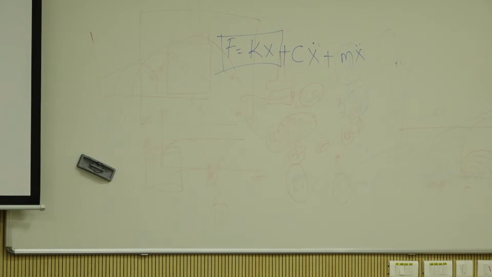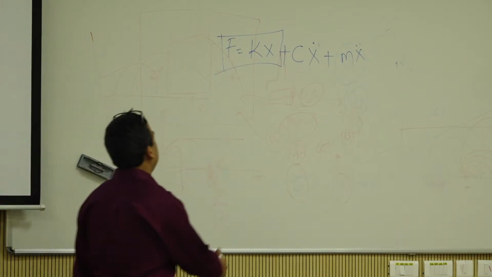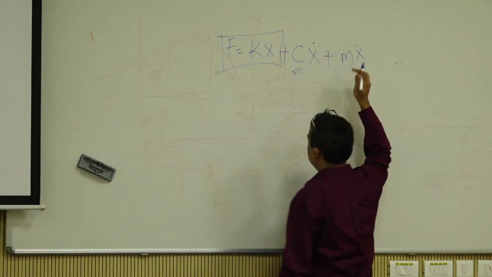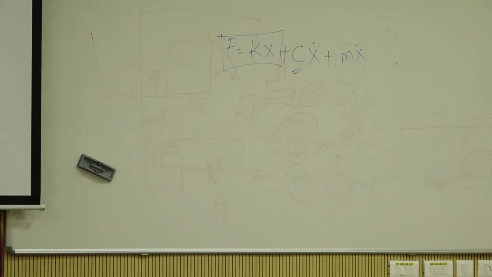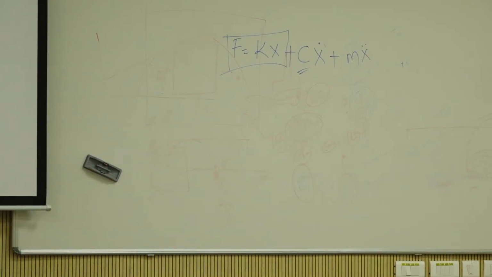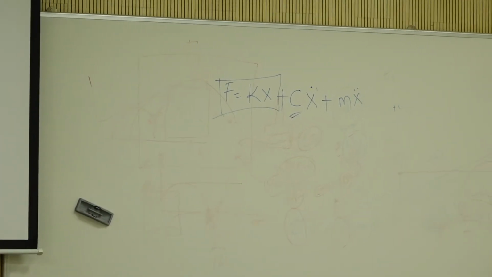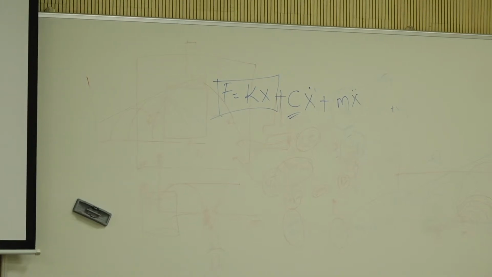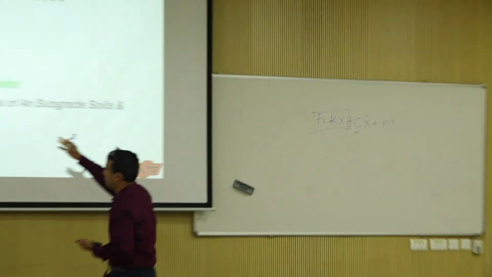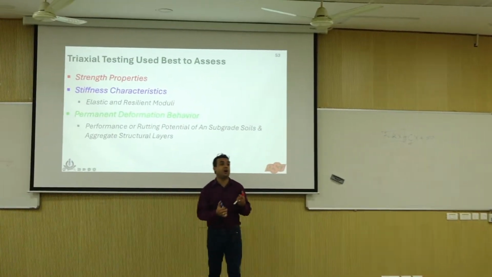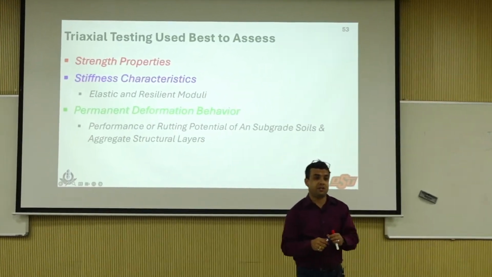Modulus testing is not dynamic, because you are not considering the effects of damping, rate dependency, the inertia, and stuff like that. So triaxial testing, what you saw from here, is you can use it for shear strength, you can use it for modulus, and we can also use it on permanent deformation behavior.